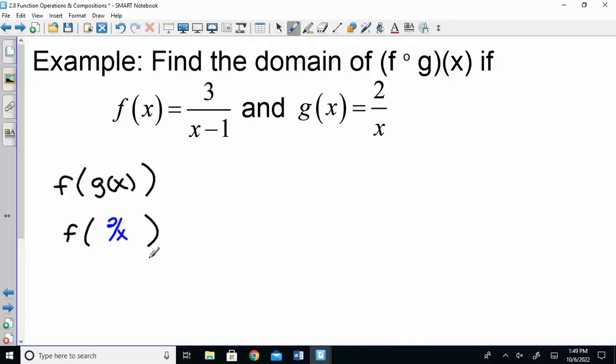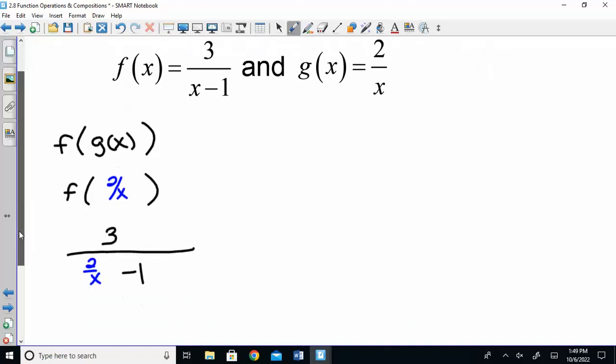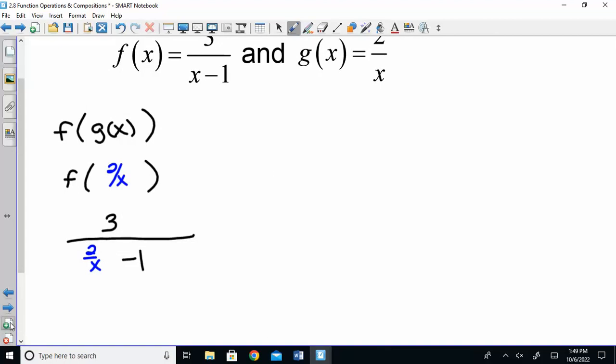G of x is 2 over x. When I plug that into f, f is 3 over whatever we put in minus 1. And the thing I'm putting in is 2 over x. Is everybody okay there?